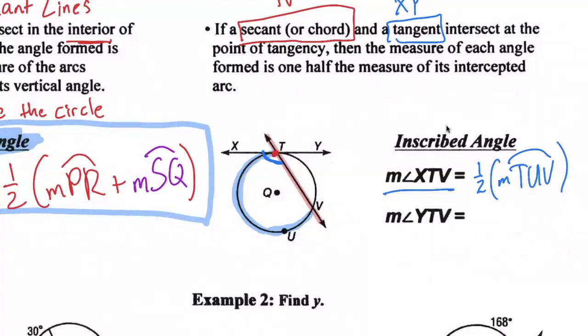Whereas angle YTV, let's make it purple. YTV, look at the arc that it hits from here to here. So this would be 1/2 the measure of arc TV.